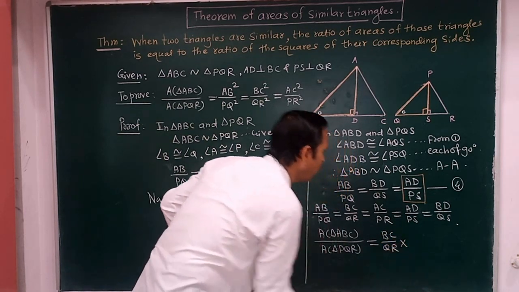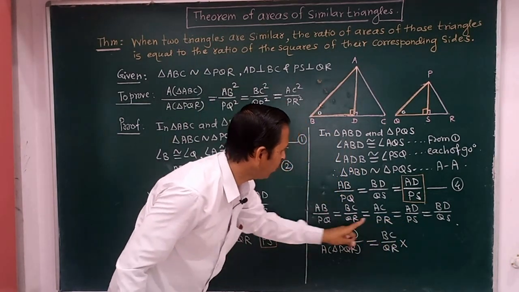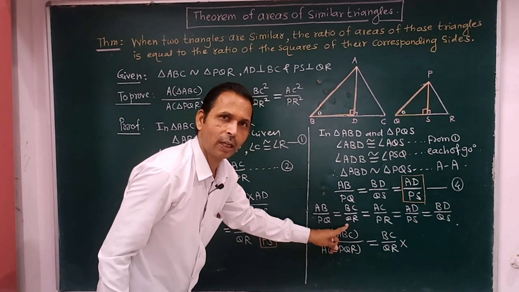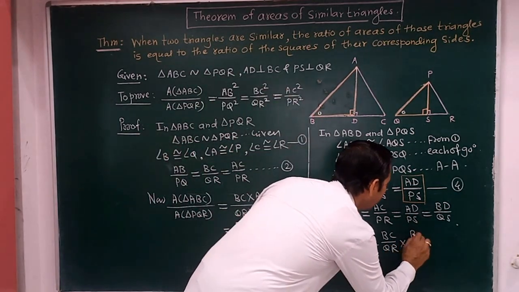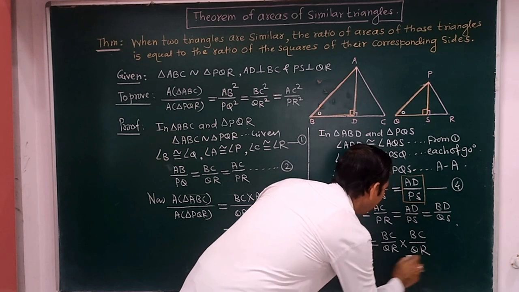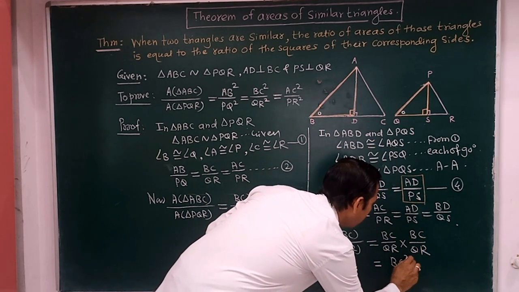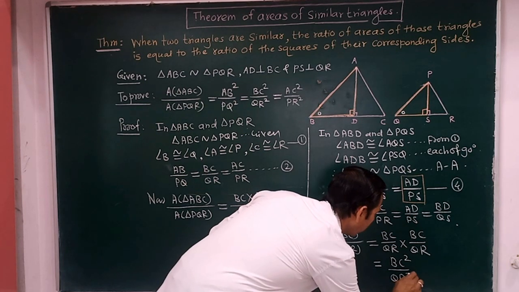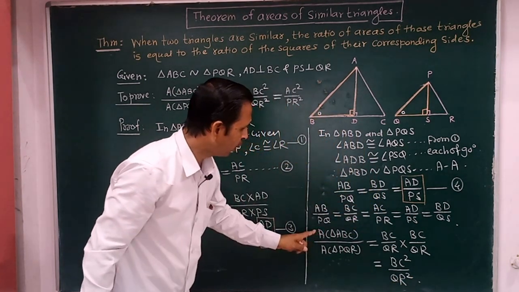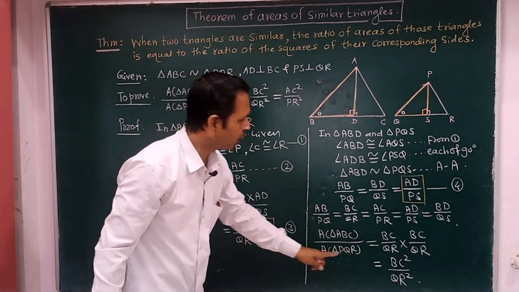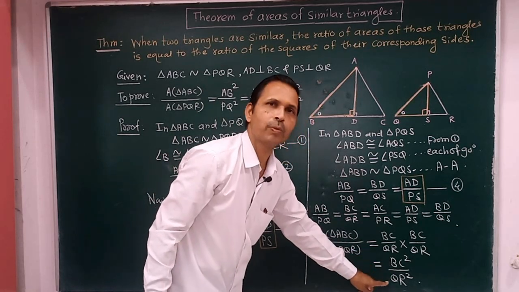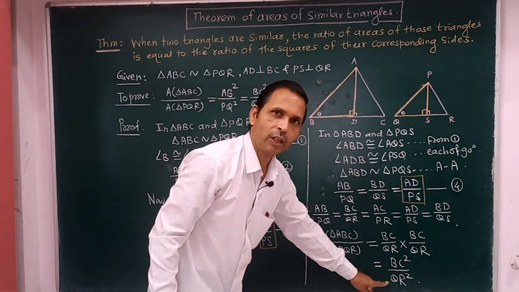Now instead of AD upon PS we can place BC upon QR again. We write here BC upon QR, and if you multiply this, we get BC square upon QR square, means the ratio of the areas of these two similar triangles is equal to the ratio of the square of the corresponding sides.